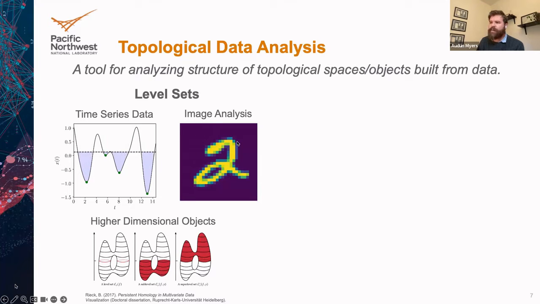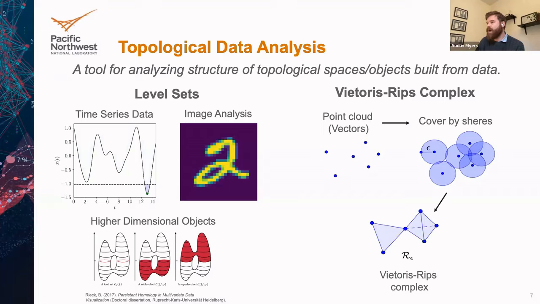You can do this similarly for images, where you study the image as a surface, or even for higher dimensional objects. Alternatively, for point cloud data, which is a common focus, you can take these point clouds, cover them with spheres of a radius epsilon, and then create what's called the Vietoris-Rips complex.